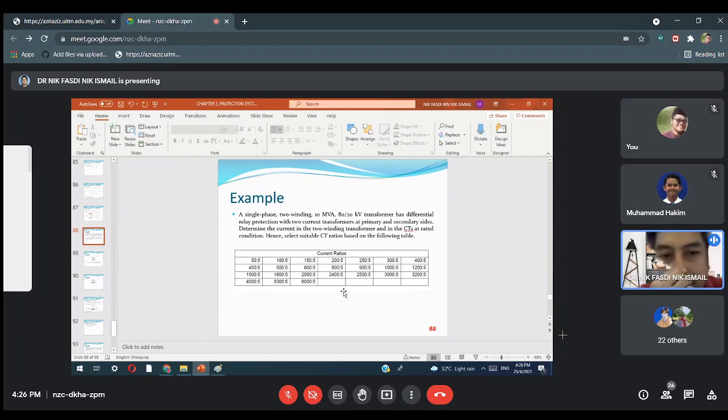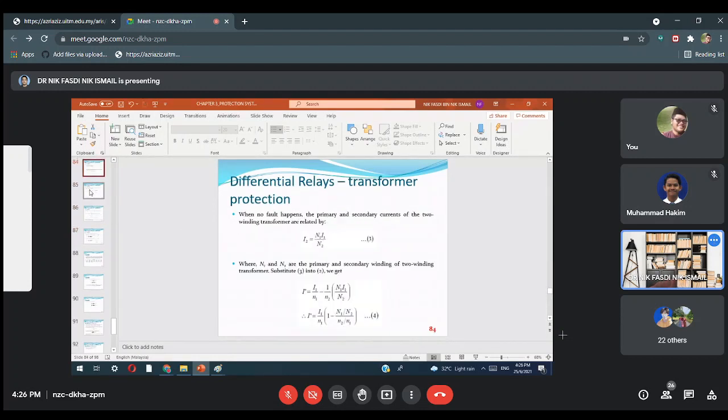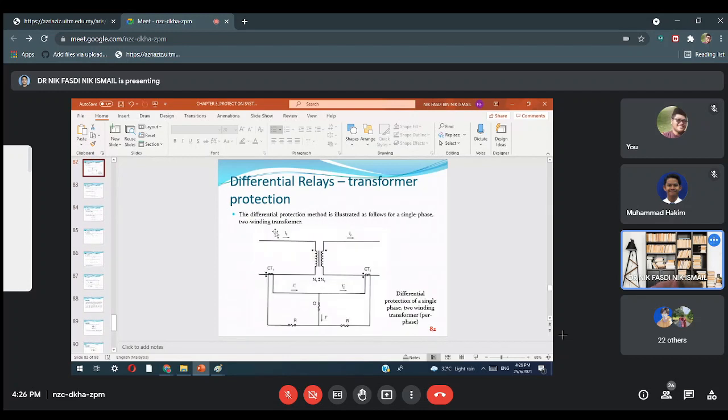So, a very interesting question here. What do we have? A single phase transformer, two winding, 10 MVA. Primary voltage is 80 kV, secondary voltage is 20 kV. It uses differential relay protection, with two current transformers at primary and secondary side. So it is based on this diagram, these are the two CTs. They protect the primary and the secondary.